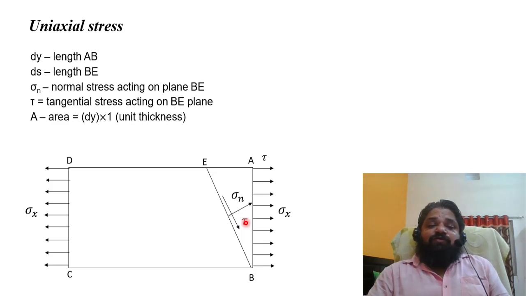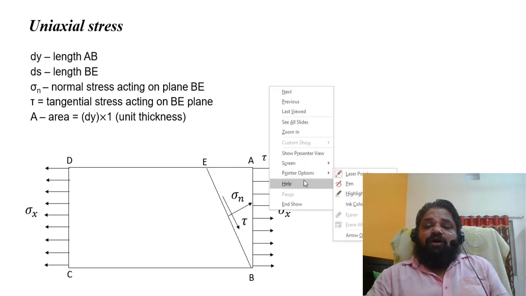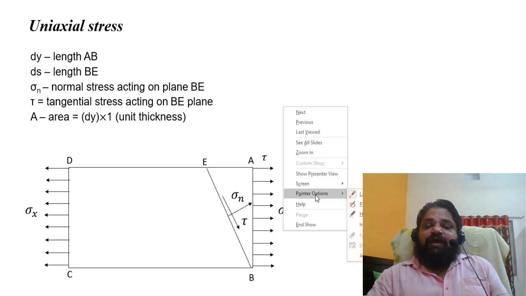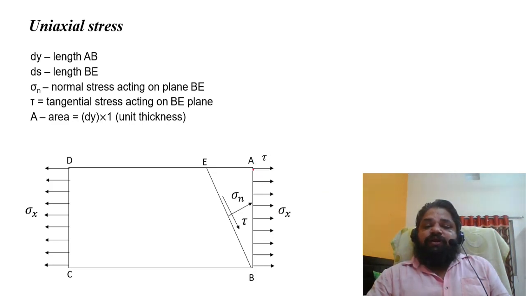Now if I want to calculate the area, I know dy, I know AB, and the unit thickness, the thickness of this body. If I try to draw the original form, it will be looking like this, and it will be more clear. Let's say I take this as the unit thickness.